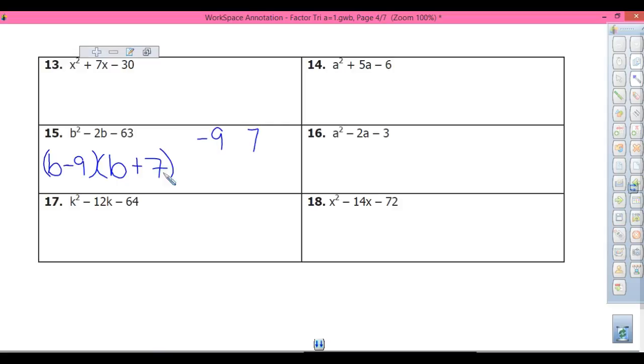All right, so I want everybody to try number 17 right now. You might have to take your calculator out right now and try to figure out what goes into 64. Because I'm assuming there's going to be a pretty good list of numbers that go into 64.